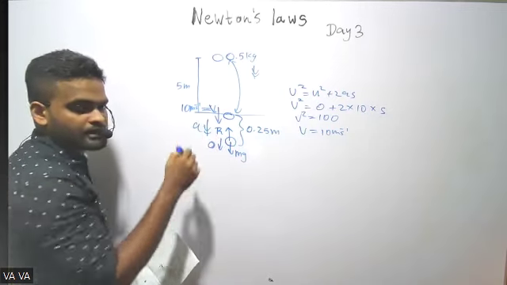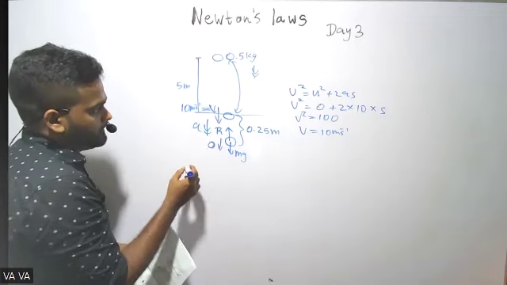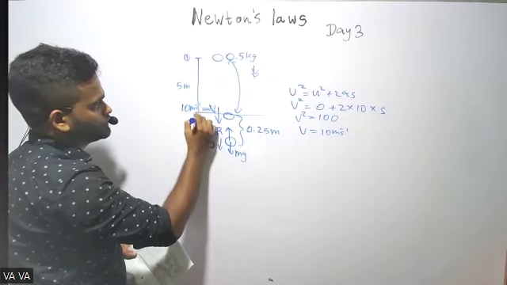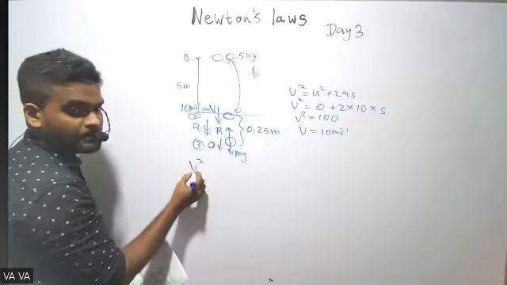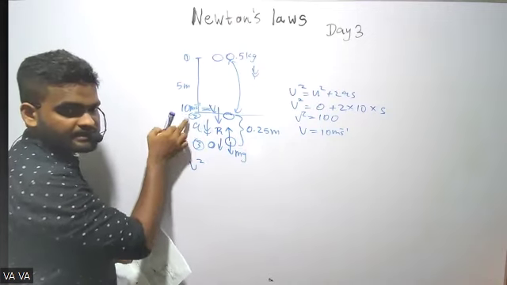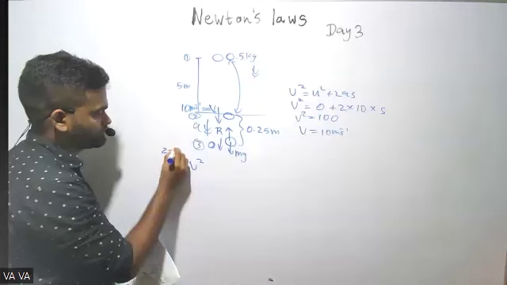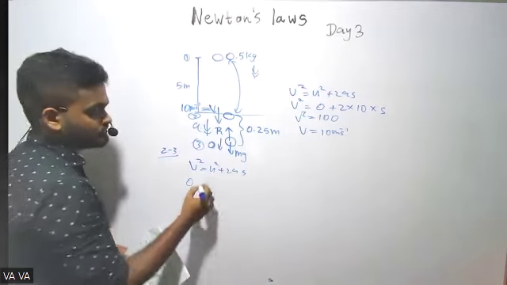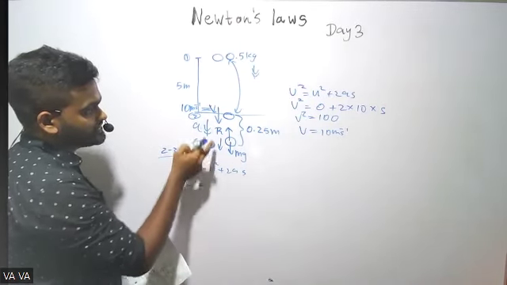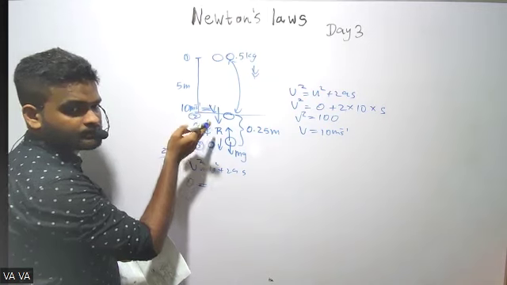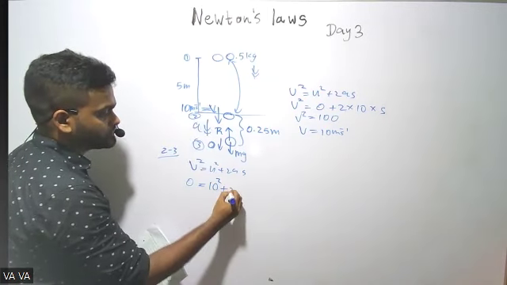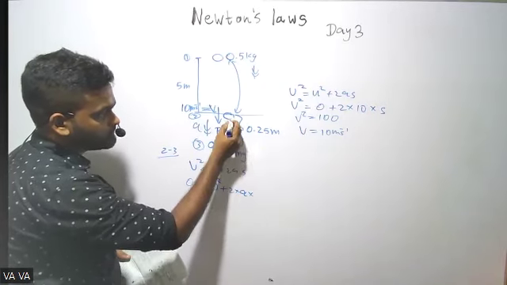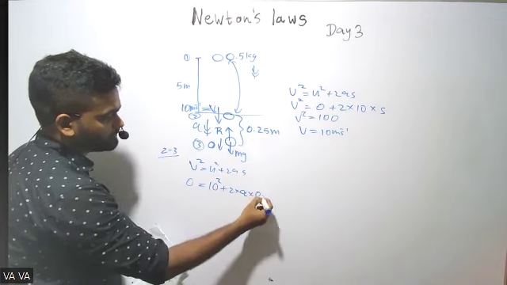I'll put a simple a to this side. Again, I'm applying, let's say this is 1, 2, then 3. I am applying this equation again from 2 to 3. This is inside the ground. So final velocity 0 equals initial velocity now is this one, right? 10 squared plus 2 times deceleration, let's say simple a, and the height it penetrates the ground is 0.25.